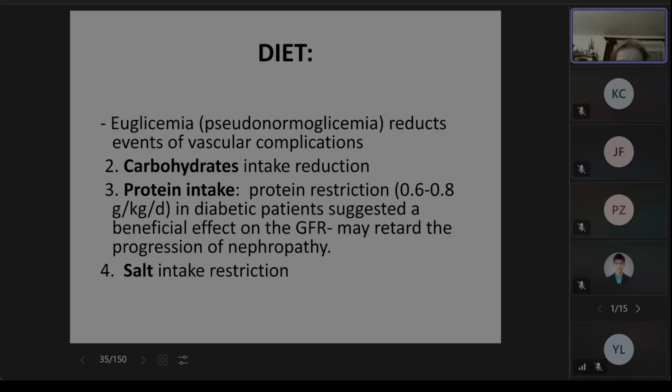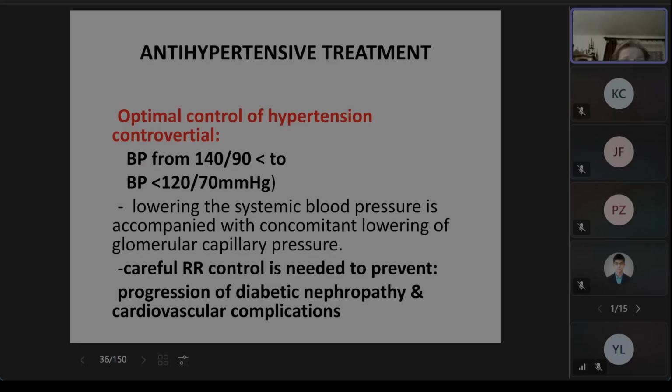In patients in whom we observe hypertension, it is very important to achieve good control of blood pressure, to do everything in order to achieve a value at least lower than 140/90, and even lower than 120/70.